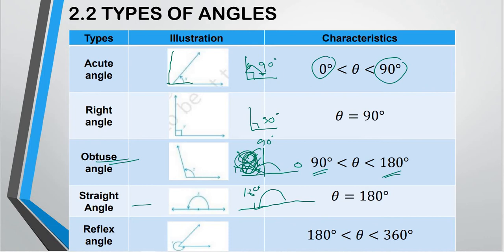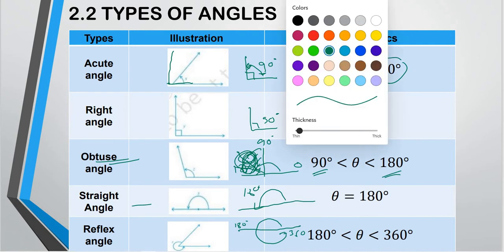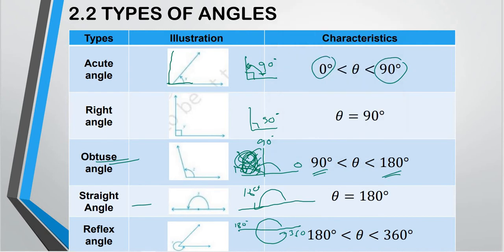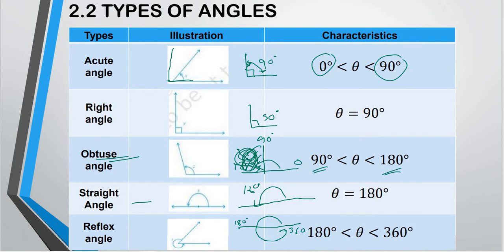How about reflex angle? A reflex angle lies in between 180 and 360. This is 180. This is 360, a full rotation is 360. So it lies in between here. Let's change the color so it is more visible. If it falls on the line here, you must look until here.